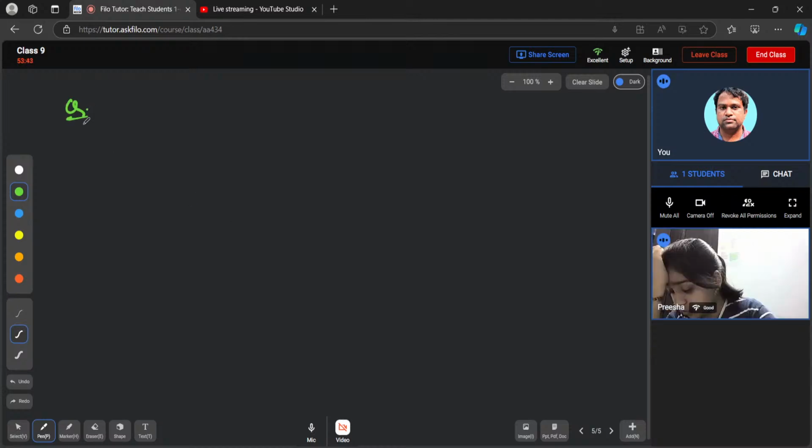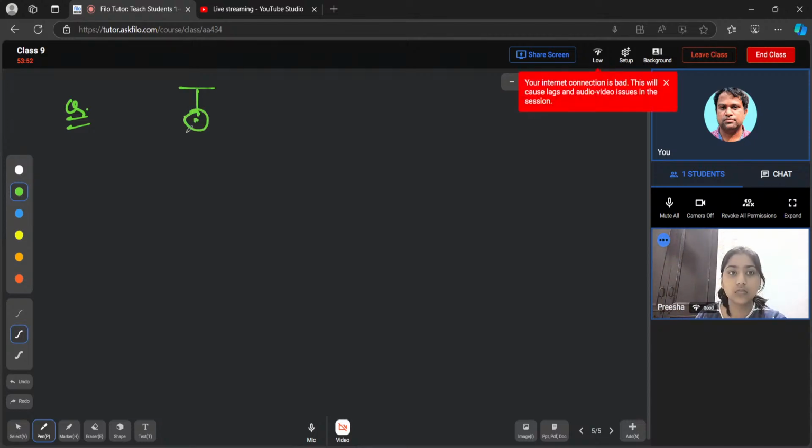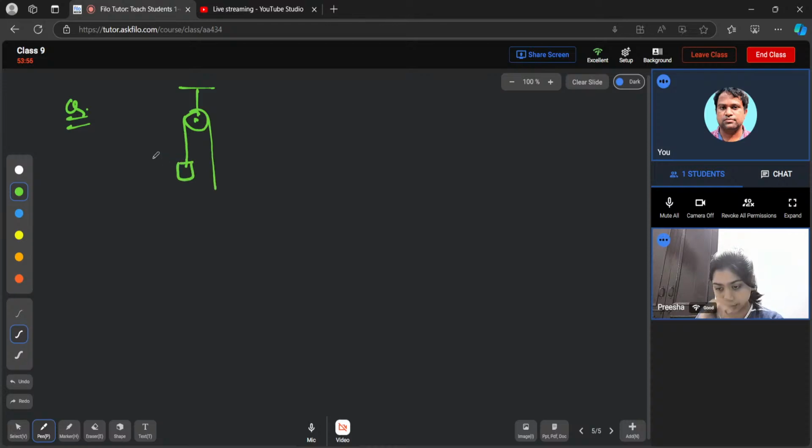Solve another simple question, that is NEET 2020, it came. There is a pulley. We have already done this type of question. So there are two masses hanging, one is 4 kg and another is 6 kg. The question is to find the acceleration in terms of g.